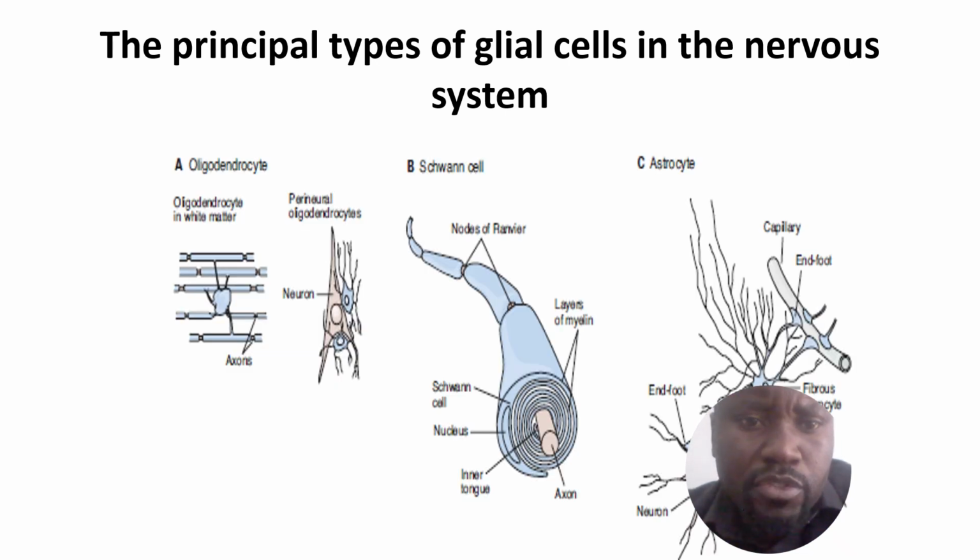So this is what we are seeing here. We see oligodendrocytes, we see Schwann cells, we see astrocytes. There are other cells here which are not illustrated, like stellate cells, which tend to be the main source of regenerative capacity of nerve tissue. But we also have ependymal cells, which are important in producing cerebrospinal fluid.